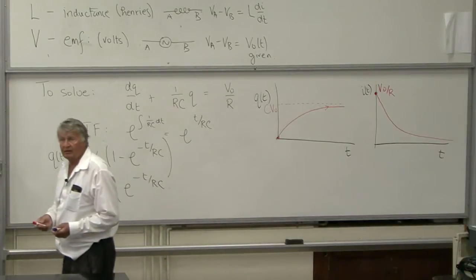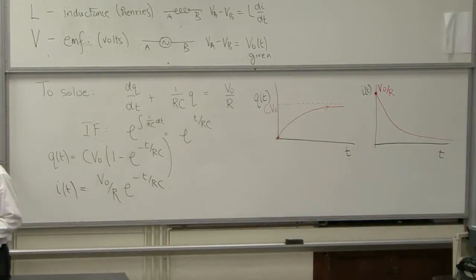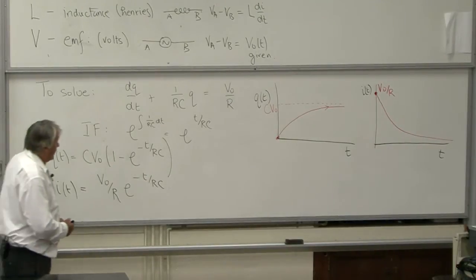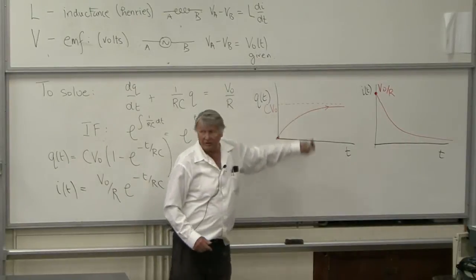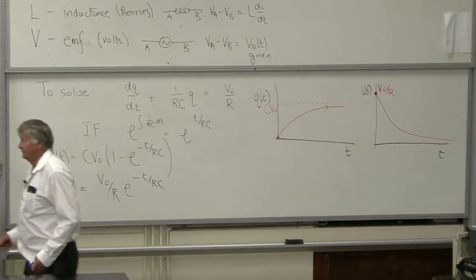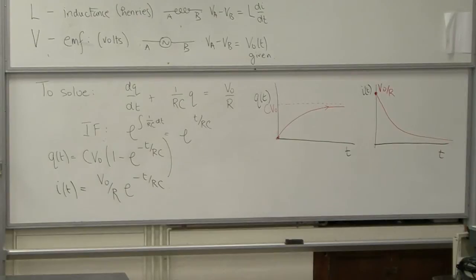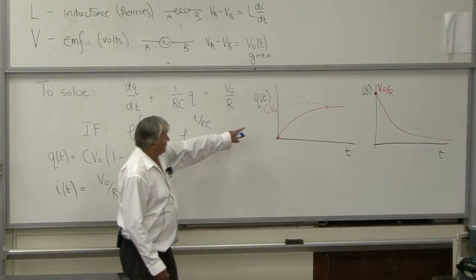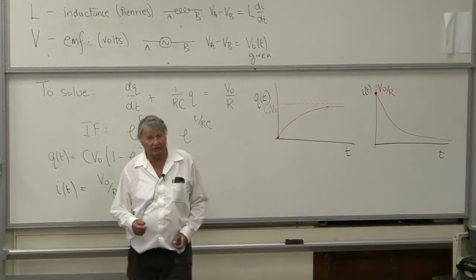Now, is that reasonable? Well, yes. You apply the V0, you bring on somebody else's battery, you hook yourself up, and the charge increases on the capacitor. You start loading pluses and minuses on the two plates. The charge builds up to its final value of CV0.